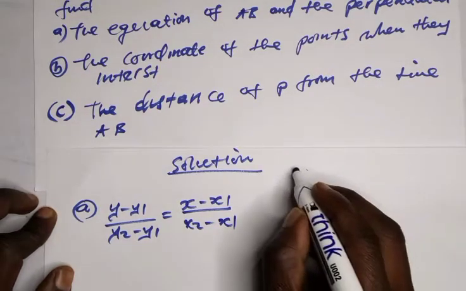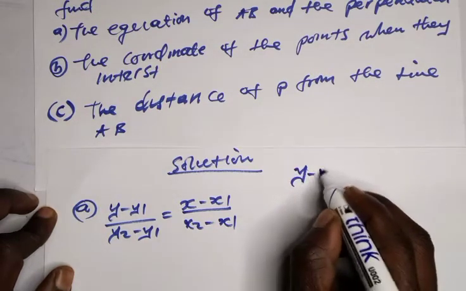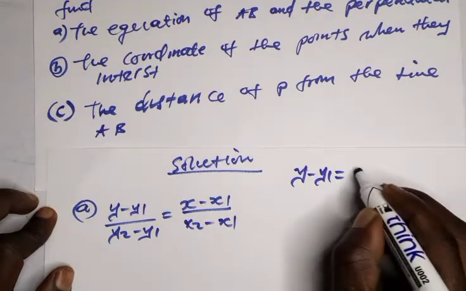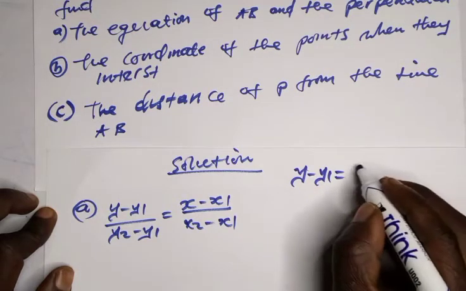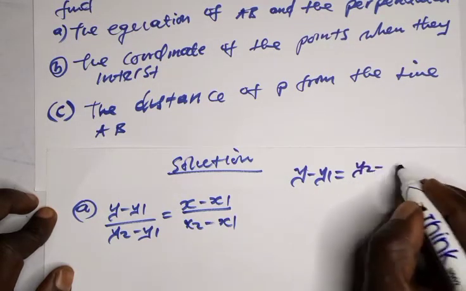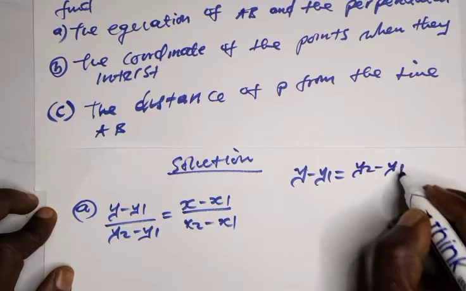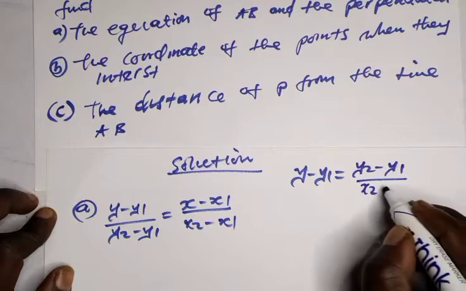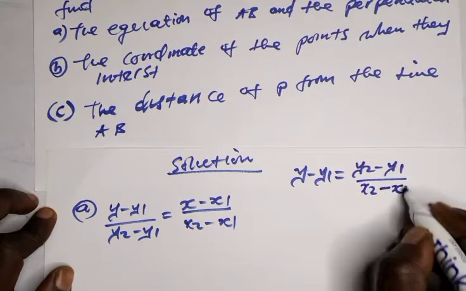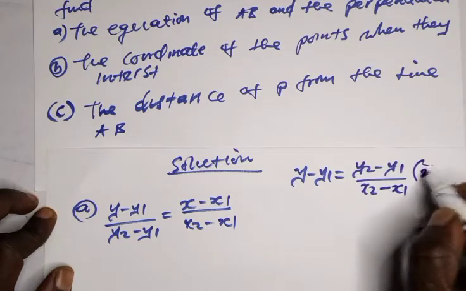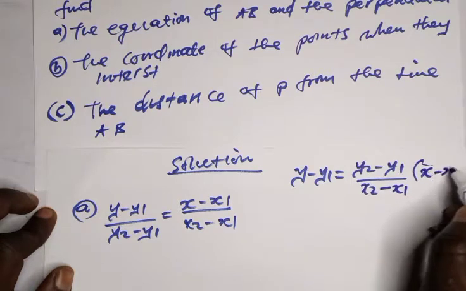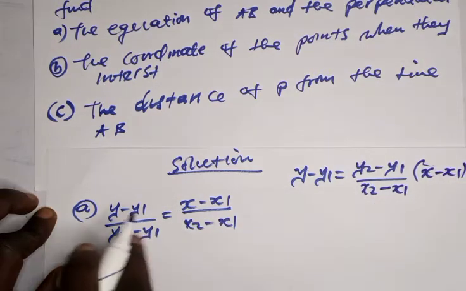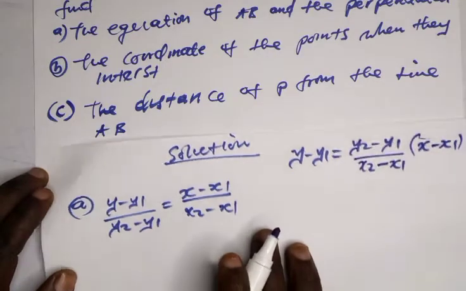This is the same formula as y minus y1 equals (y2 minus y1) over (x2 minus x1) times (x minus x1). This is the same formula we have used here.